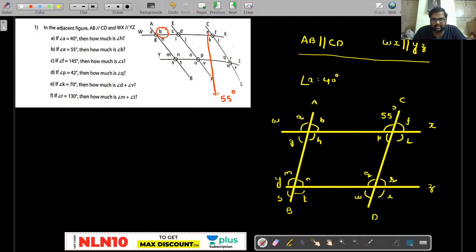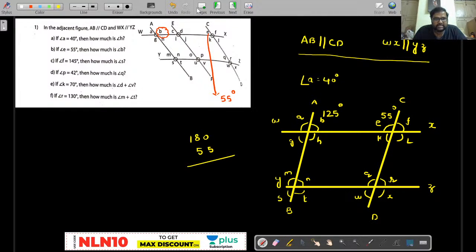Now observe here, if angle E is 55 degrees, now what is the question asked? Angle B. Now see here, interior angles on the same side will be supplementary. Now if this is 55, 180 minus 55 will be your answer. Am I right or wrong? Which will be 125. Done. Easy question. Now come to the next one.